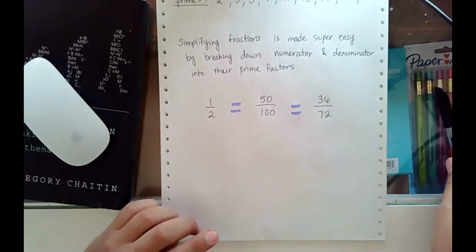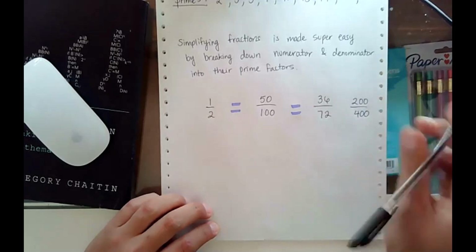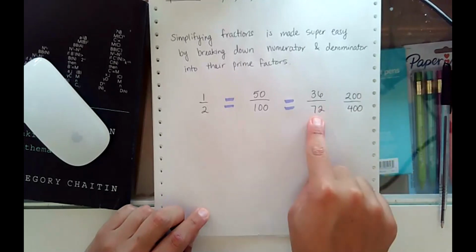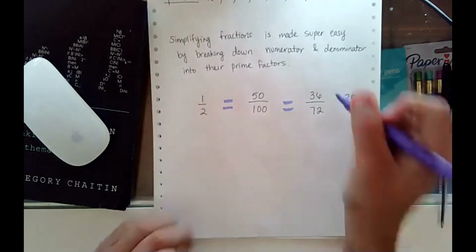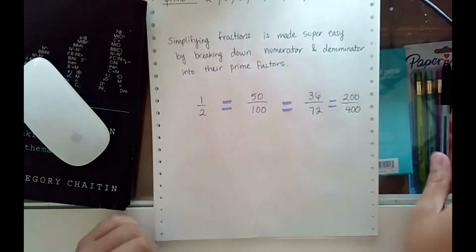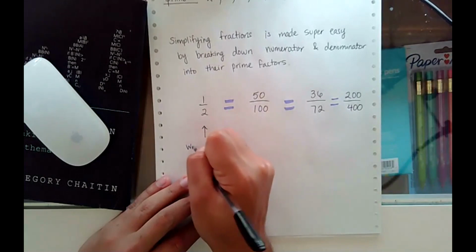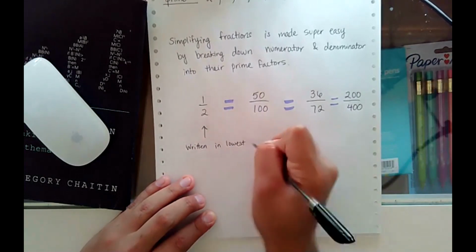Like I could come up with some number, 200 over 400. I'm just choosing easy ones now because I'm a little lazy. This has the same value as this, and this, and this. But we would say that even though these all have the same value, this fraction is written in lowest terms.